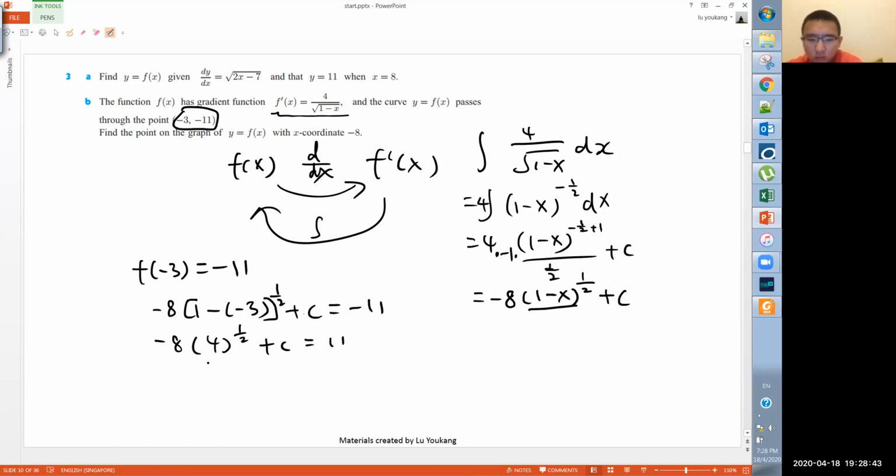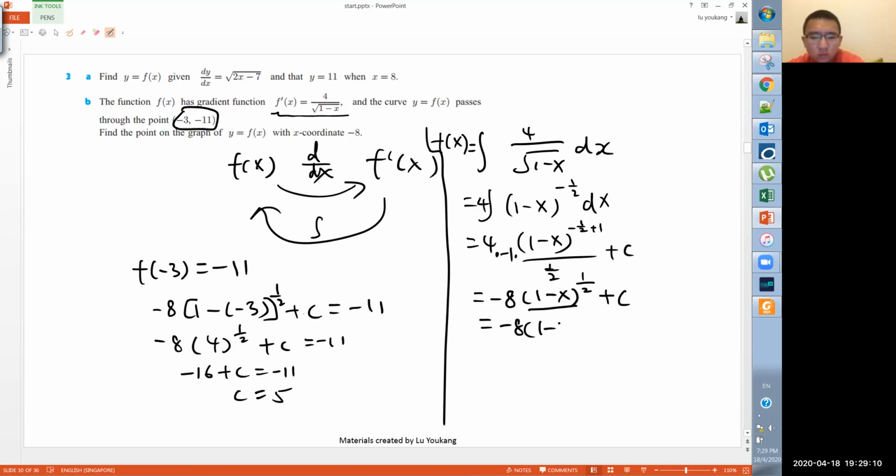So square root 4 is 2, so it's -16. Minus. So C is supposed to be 5. Right. Okay. So therefore, this is your graph function f(x).